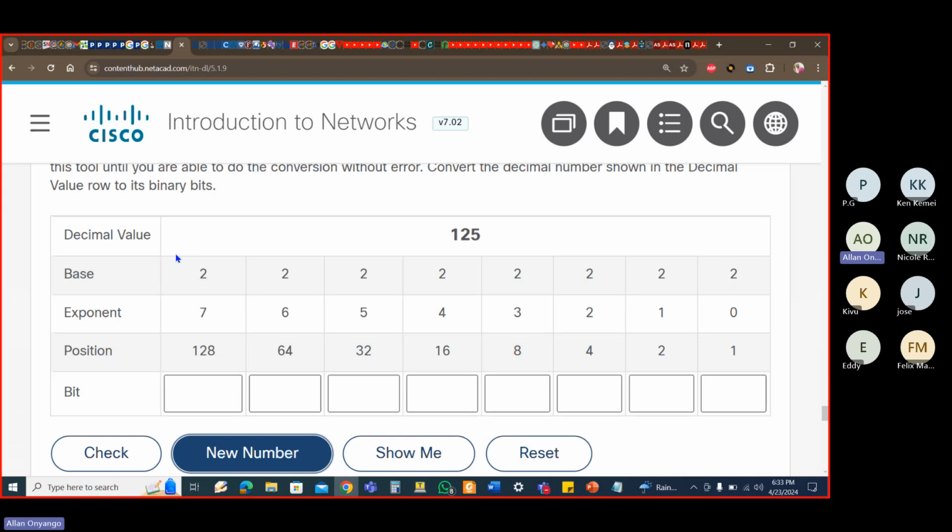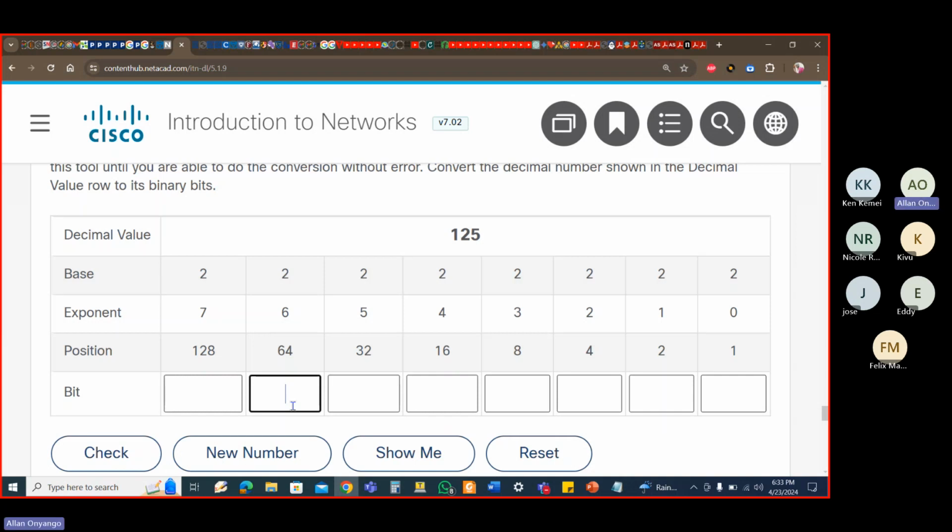125. It was very close to 128, but it is not. So we minus 64. What do we get? Good. We have 61. 61, we need to minus 32.